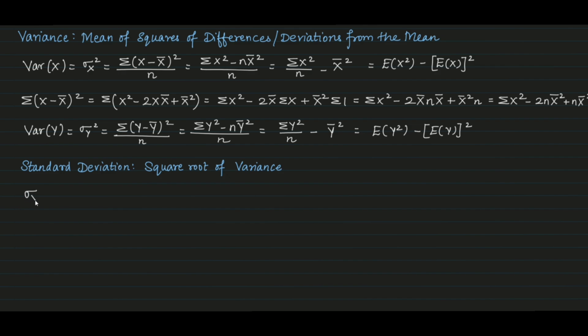So standard deviation of x is denoted by sigma of x, calculated as square root of variance of x.